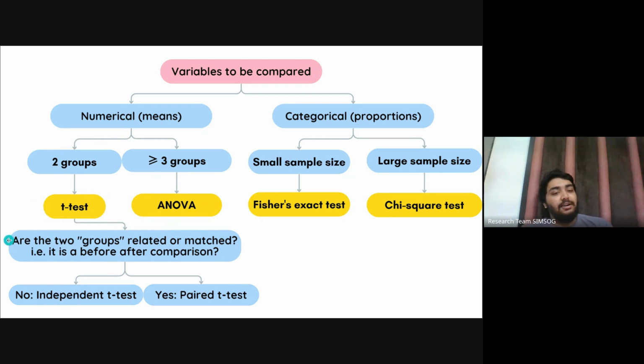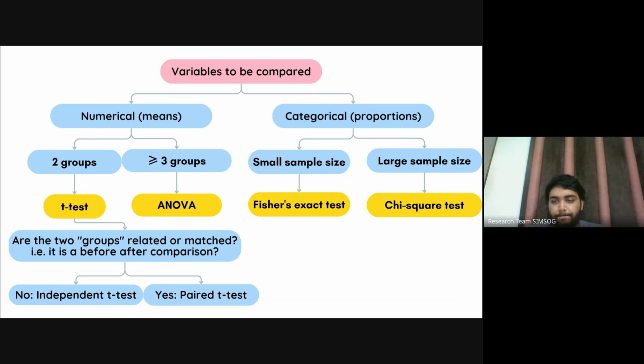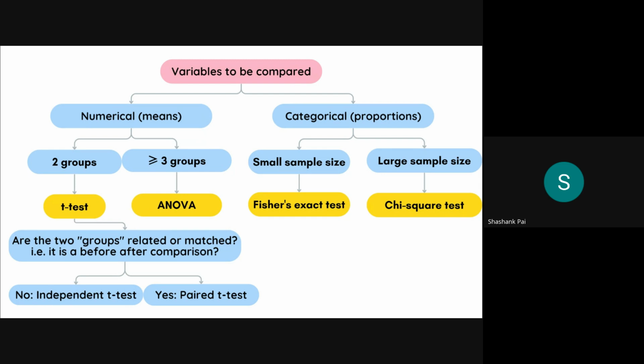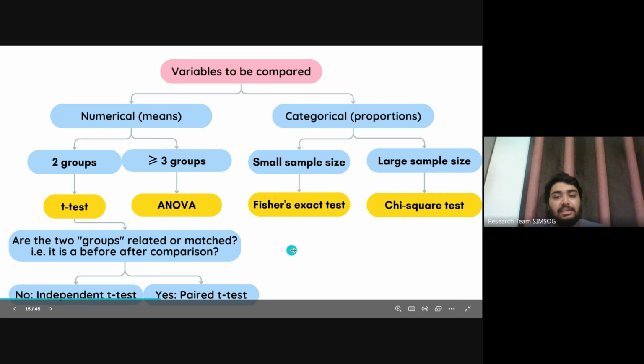Are the two groups related, or is it not the same group being given iron supplementation and then you want to check? Here they want to check two different groups, where one already has iron supplementation, one does not have. So are they related or matched? Tell me. They're independent, not related, not matched, so independent t-test.